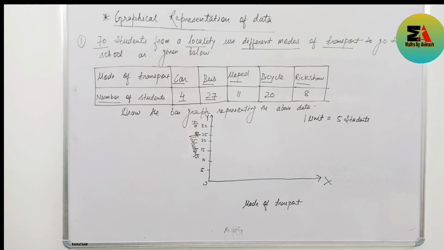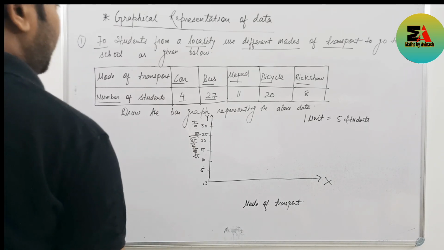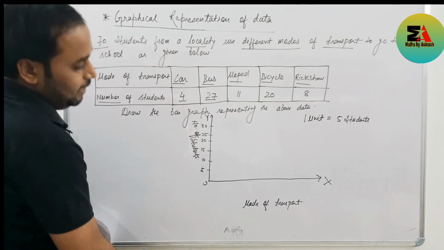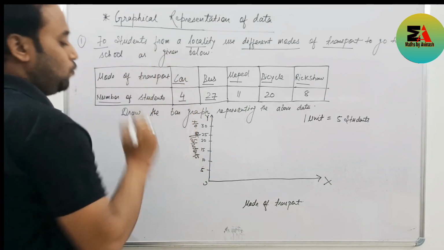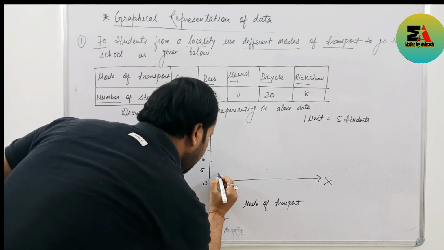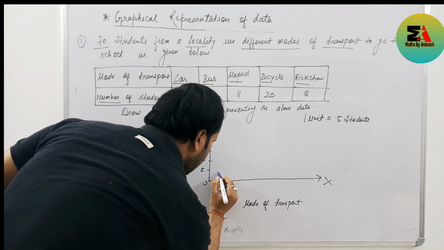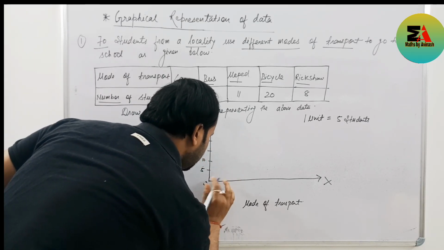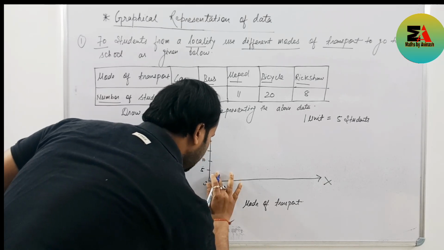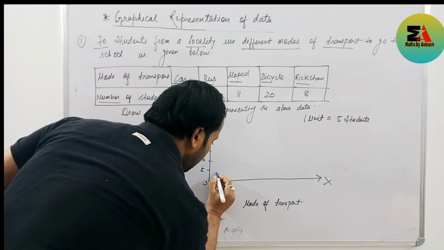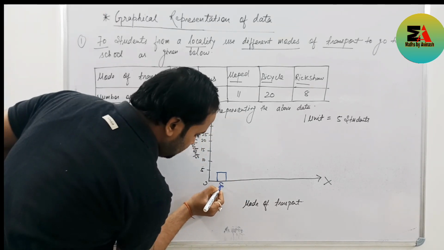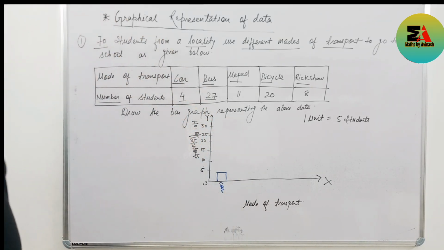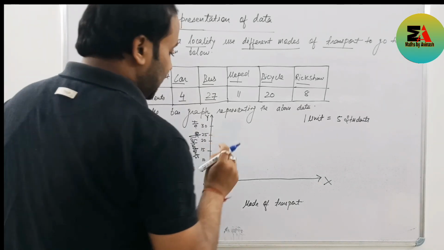Now, after plotting this, check our frequencies. Car is 4, and 5 is here. It means the car bar is just below, very close to 5. This is our car. Clear? And our second point says what?